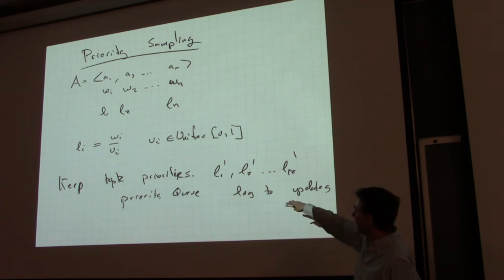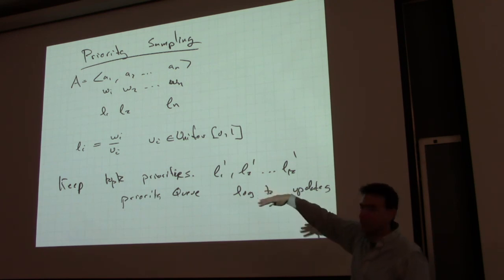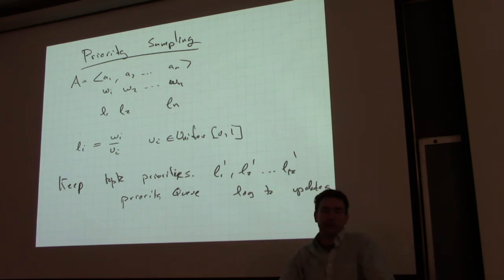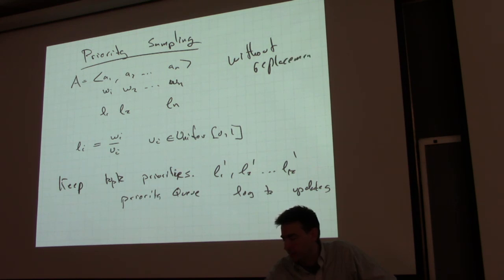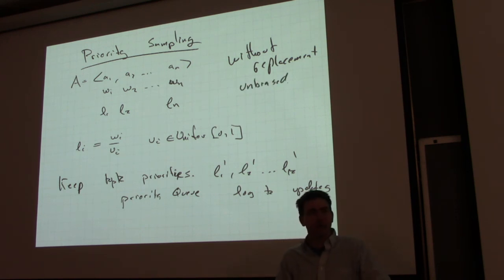You can amortize it, I think, to be close to constant time. I'm blanking on this now, but you can maintain these instead. And this is a cool way to keep weighted items in a stream, and this works without replacement. So magically, this is also going to be unbiased.